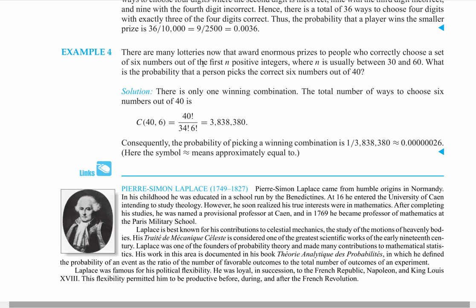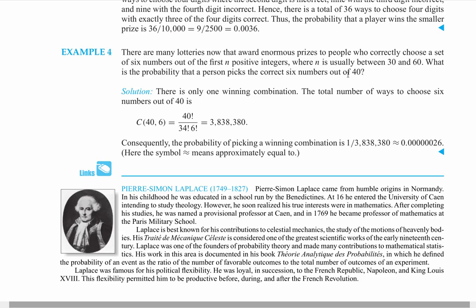Example 4 looks at a lottery. So let's say this lottery has 40 numbers, and to win you have to pick the correct 6. So what's the probability of winning this lottery?